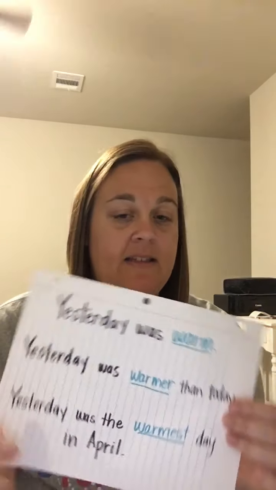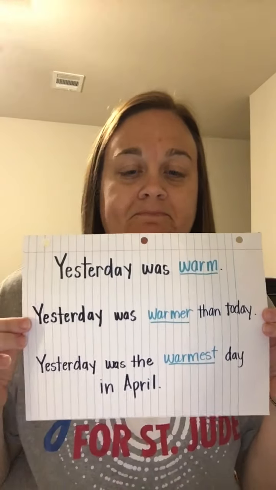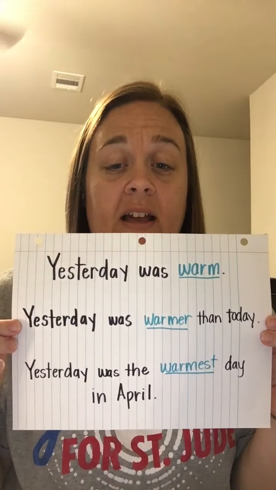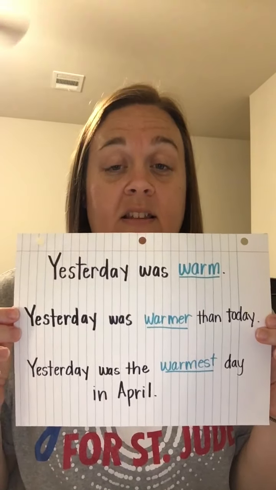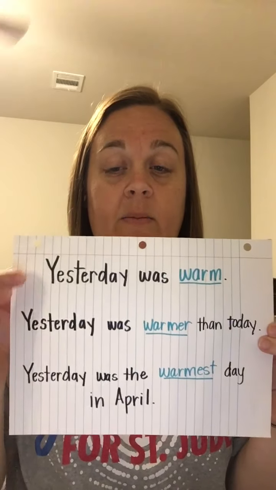So a comparative adjective is going to compare two things and give us a descriptive word to describe. A superlative adjective is going to compare one person or thing to the whole group and use that word to describe. So let's take a look at the three types of adjectives in a sentence. I've got our sentence here, and our adjectives are written in teal and underlined, so we can see them in the sentence.